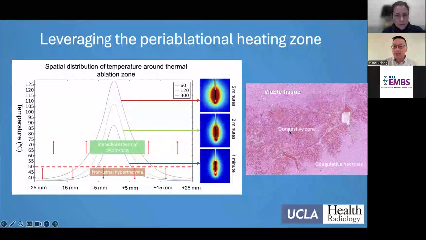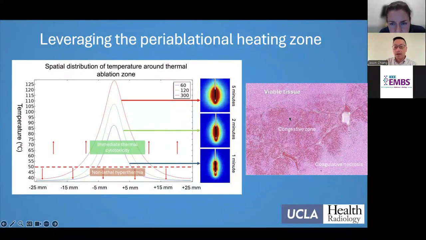This is kind of what it looks like, this congestive zone on pathology. So viable tissue, this is that non-lethal hyperthermia, and this is the actual ablation zone. So there's this area where if you have microscopic disease that you cannot see on ultrasound, CT, or MRI, then this can put you at risk for recurrence.